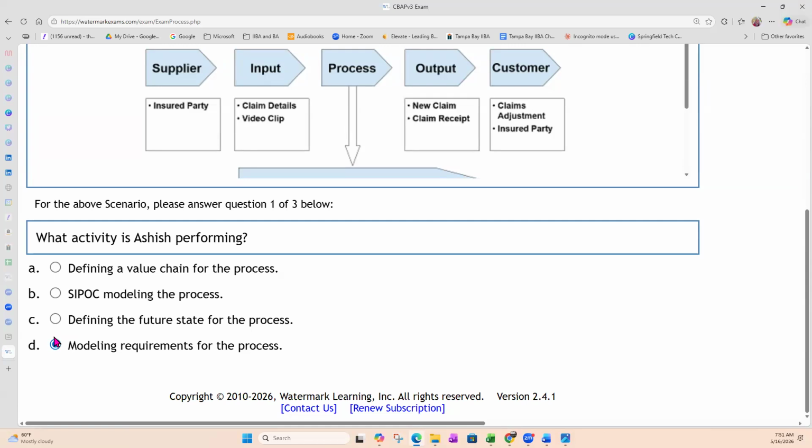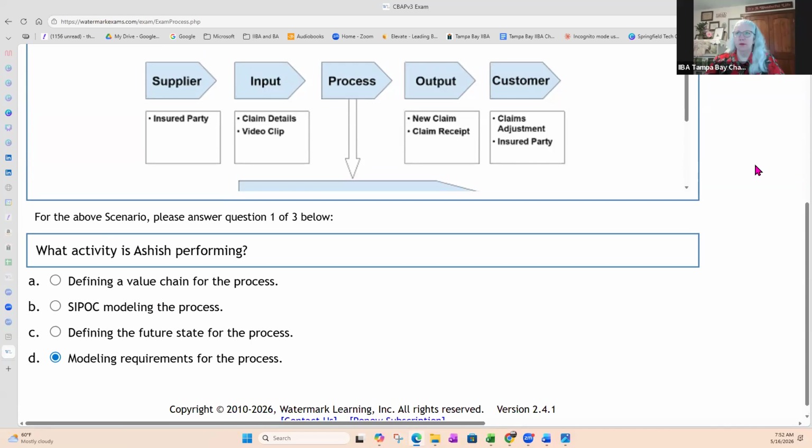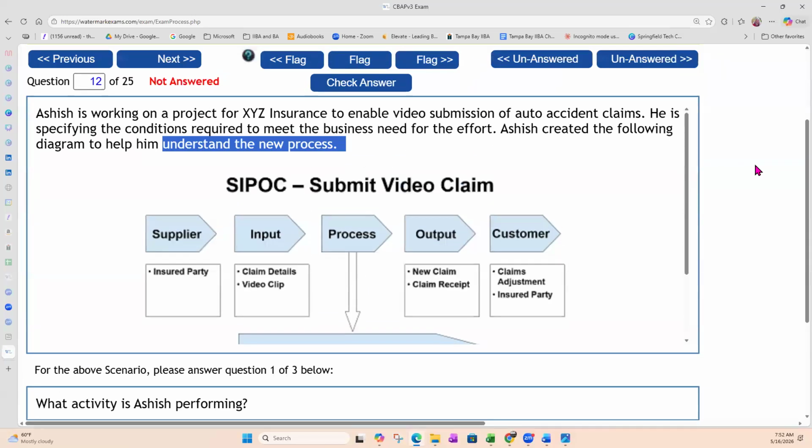In the description of what he's doing, it says Ashish created the following diagram to help him understand the new process.